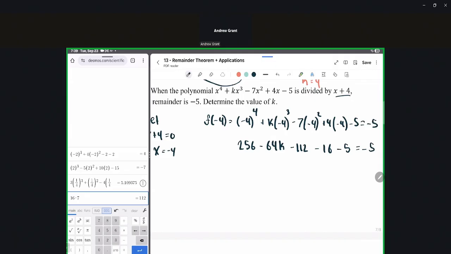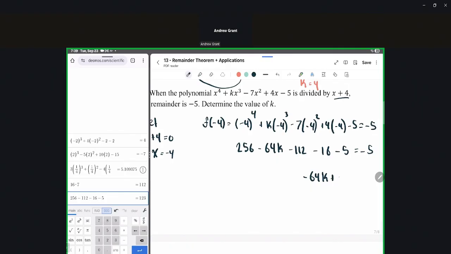So now we got to collect the constants. So if we take 256 minus 112 minus 16 minus 5, that's going to give us 123. So we're going to have here negative 64k plus 123 will be equal to negative 5.